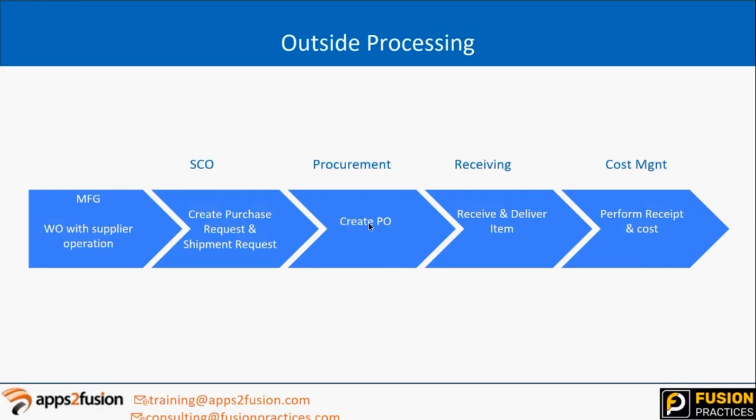The ASN functionality will remain what it is. I don't think that is being altered because it's an OSP case. I think it's the other way, because ASNs are typically created by the suppliers. After you create the purchase order with the supplier, when the supplier is sending you back the item on which he's worked, he's going to be creating the ASN.